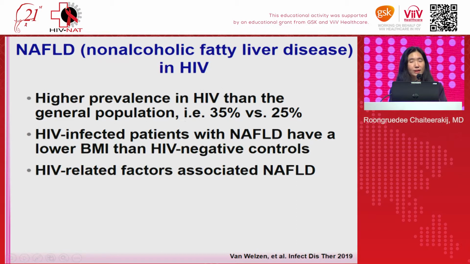HIV-infected patients might have metabolic risk factors for fatty liver disease, including diabetes, obesity, or dyslipidemia. However, they might also have specific HIV-related factors that contribute to the development of fatty liver, because HIV-infected patients with fatty liver disease have a lower BMI than HIV-negative controls.